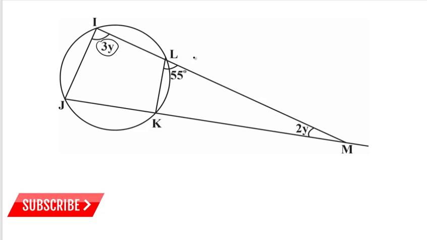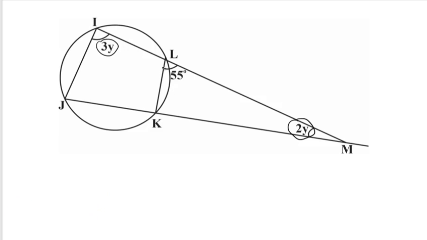Once again, you have been given the angle at M, that is angle KML, to be equal to 2y. You have been given another angle, angle KLM, to be equal to 55 degrees. Now, if you want to find y, you need to consider some properties concerning circle theorems or cyclic quadrilaterals.